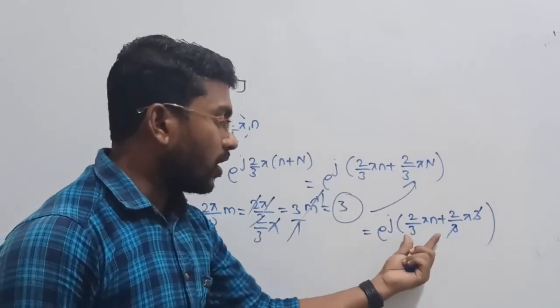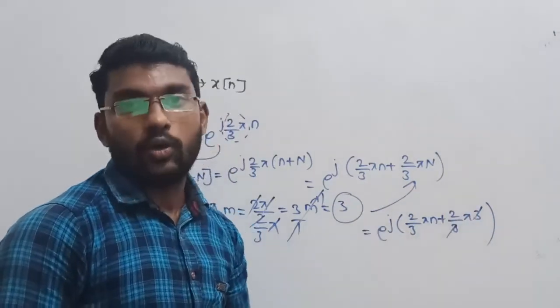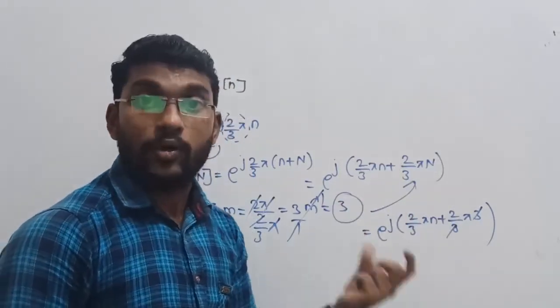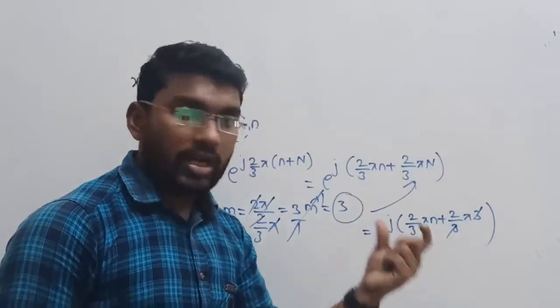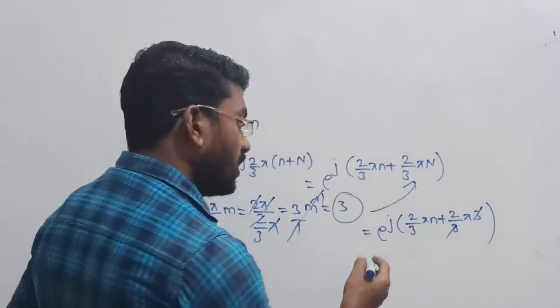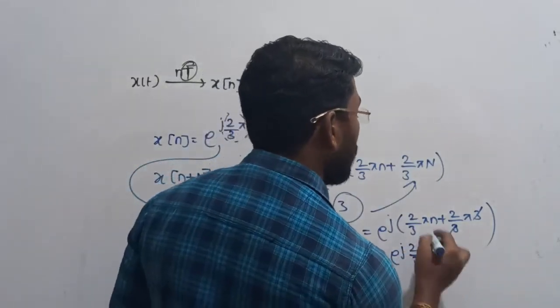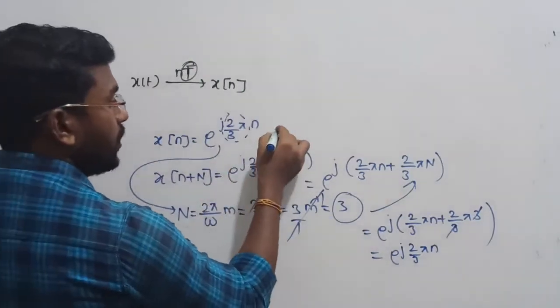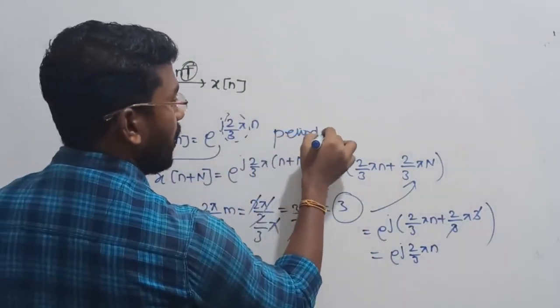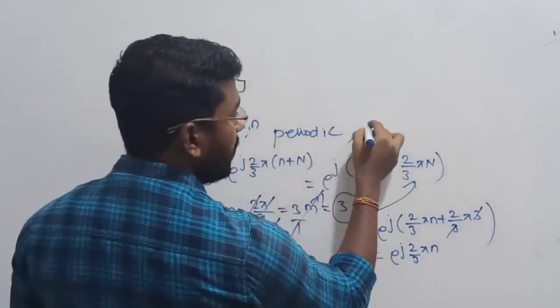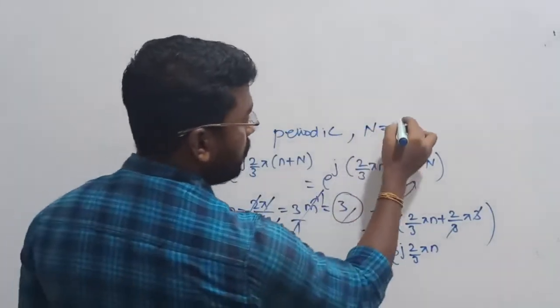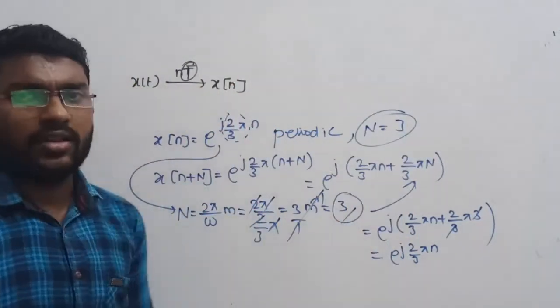So theta plus 2 pi will give you theta only, in the case of cos theta, sin theta, and e power j theta. So in the resultant I am getting e power j 2 by 3 pi n only. So the given signal is said to be a periodic signal with the time period N equal to 3, as we found. Clear?